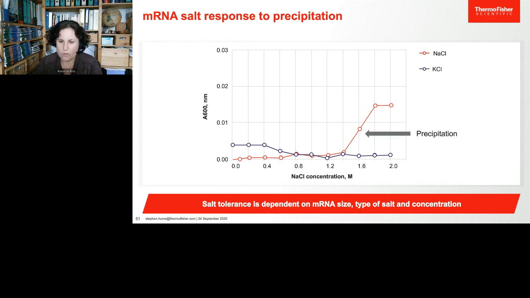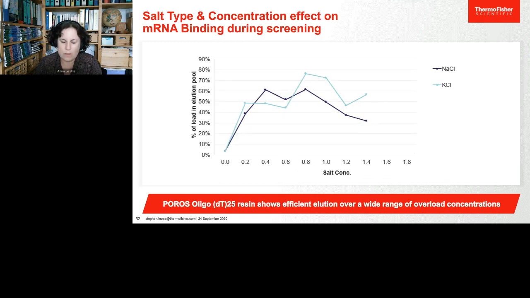Once you know the salt, we went on with NaCl because it's a more platformable salt. It's also quite nice to understand the impact on the efficiency of the elution. On the y-axis, you see the percentage of load which is present in the elution pool, so basically everything that you recovered in the elution pool. When you have 0%, it means that everything was in the flow through.